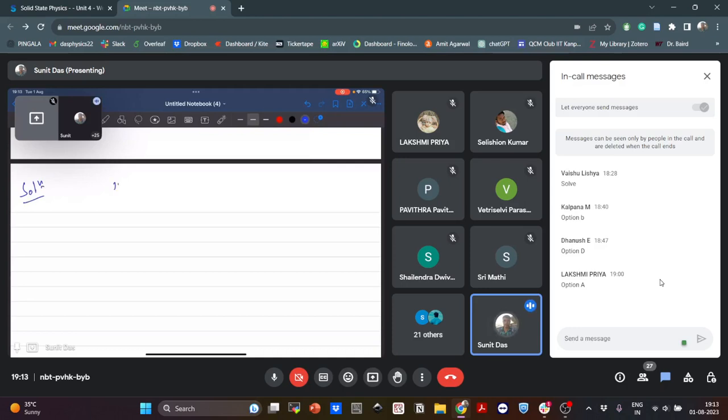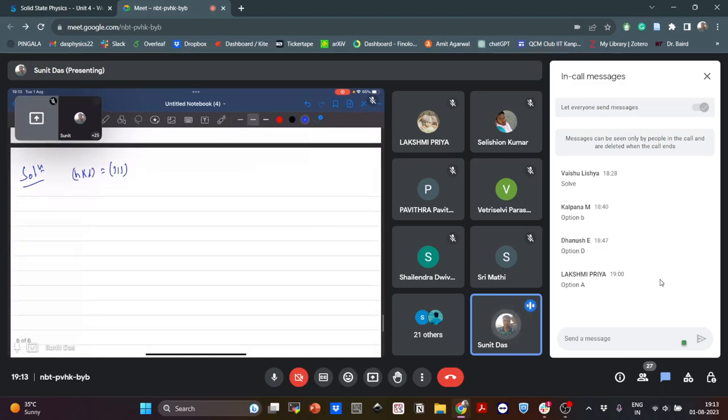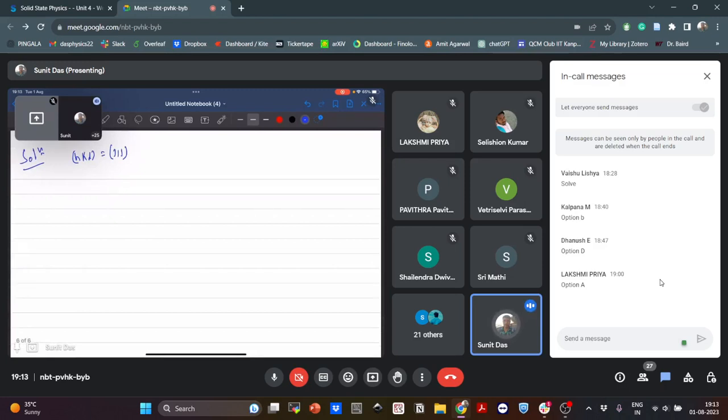So given are the planes whose Miller indices are 111. The distance between planes having Miller indices h k l and the dimensions A, B, C is given by this formula.